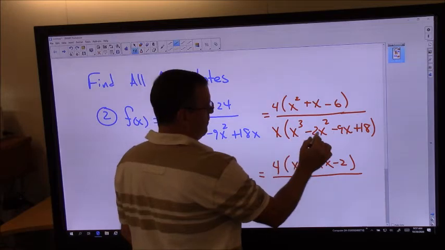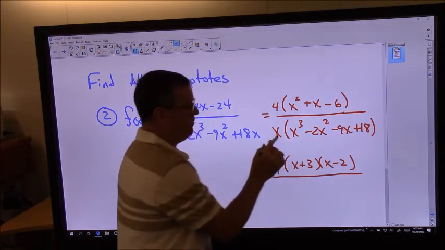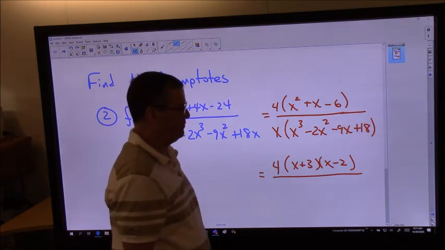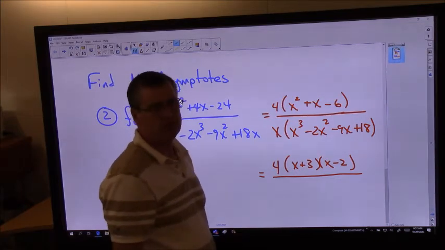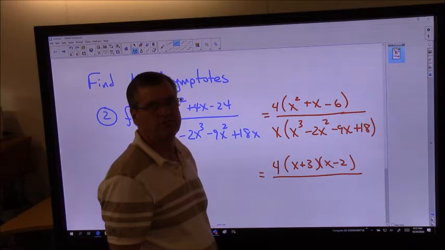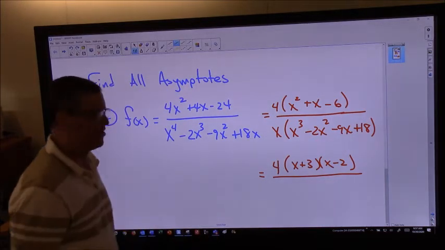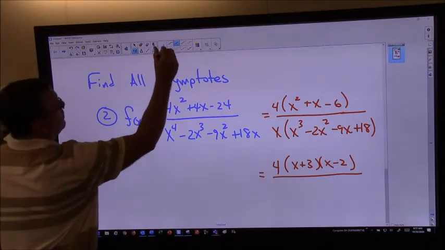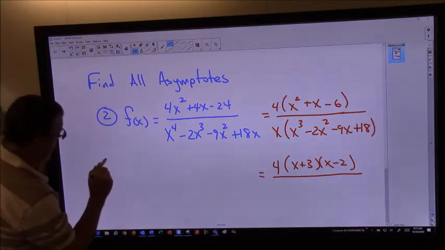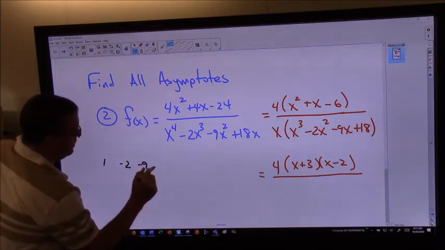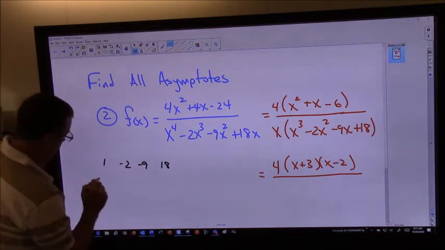This I'm going to have to factor either by doing factoring by grouping or synthetic division. And I think I'm just going to do synthetic division. It's not that that's the best way, I'm just going to go with that. So I'm just going to go off to the side here. My coefficients are 1, negative 2, negative 9, and 18.